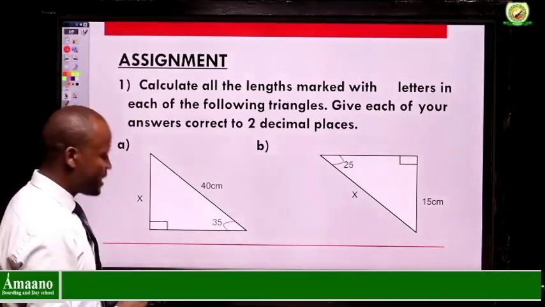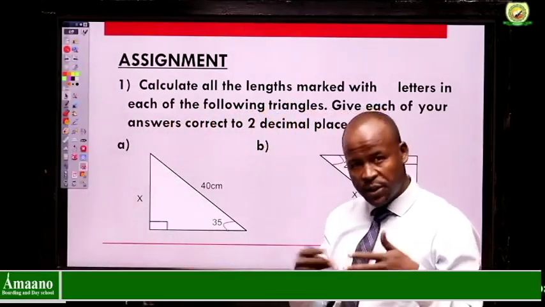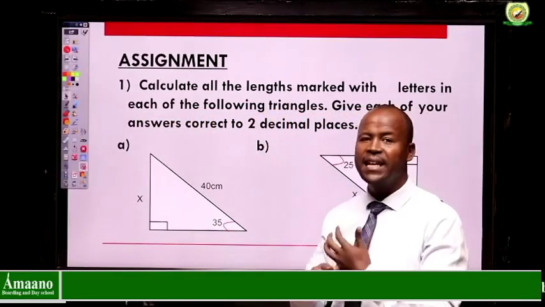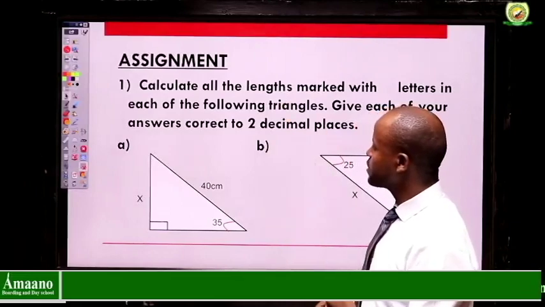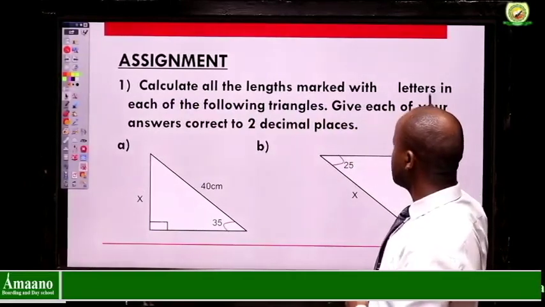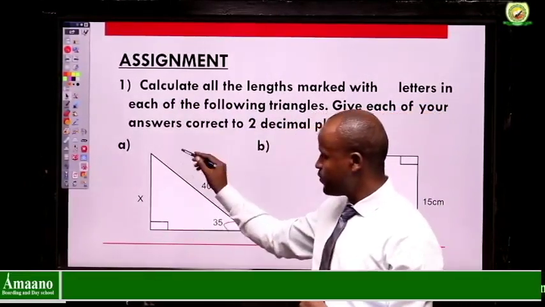Okay, you have an assignment here. To do these questions, practice repeatedly, do example 1, example 2, and example 3. Based on those 3 examples, you can do these questions. The first question: calculate all the lengths marked with letters in each of the following triangles. As you can see here, we have the first triangle.